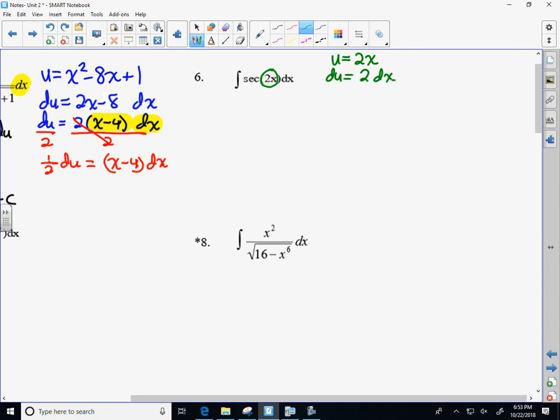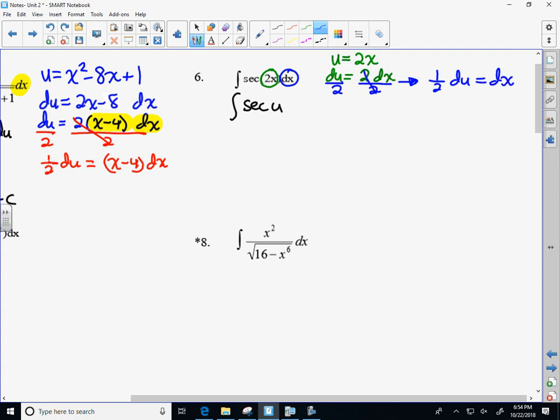All right, so I can rewrite, it would be secant of u. The dx is the only thing that I can really get rid of, and in order to do that, I need to divide my differential equation, or my differential form, by 2. So 1/2 du would be equal to dx.